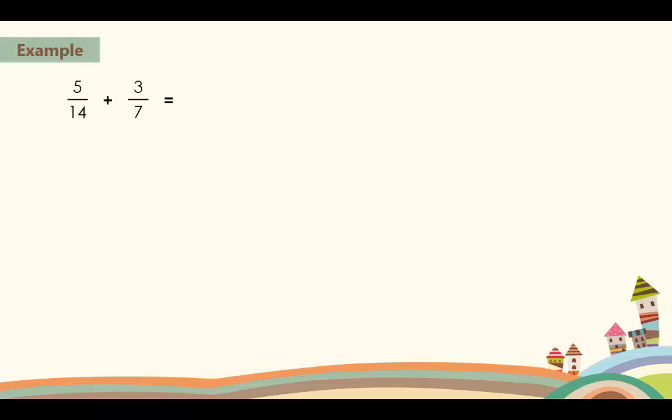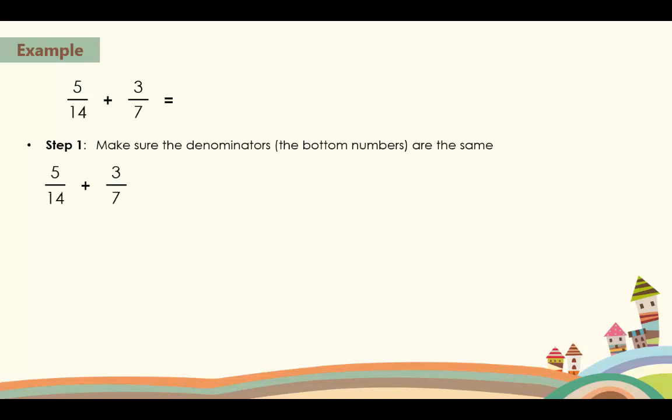What is 5 over 14 plus 3 over 7? Start from step 1. You have to make sure the denominators are the same. Denominators in this addition are 14 and 7. 14 is twice of 7.